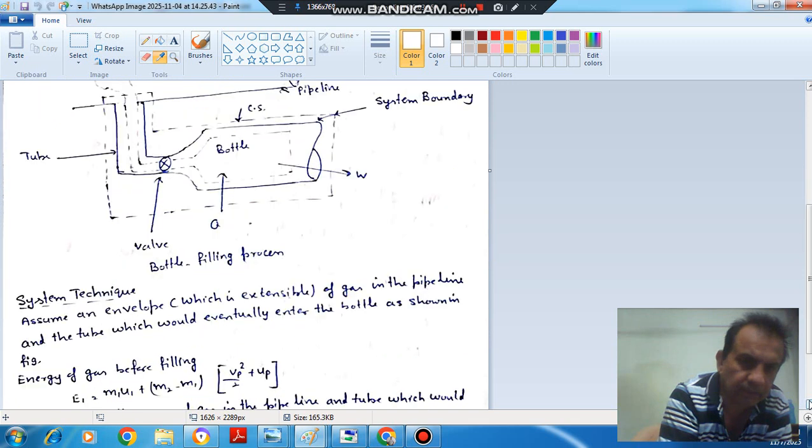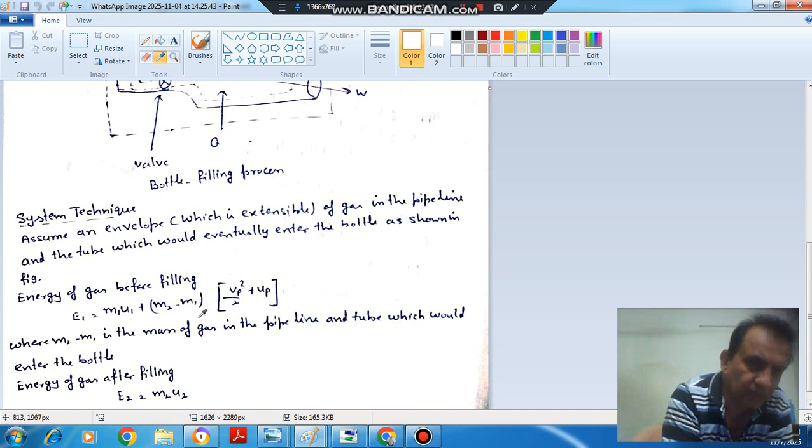That is (M2 minus M1), the mass of the gas entering the system, with velocity Vp and internal energy up, so Vp square by 2 plus up. The first term is the internal energy of the gas inside the bottle, and the second is the energy of the gas entering the bottle.